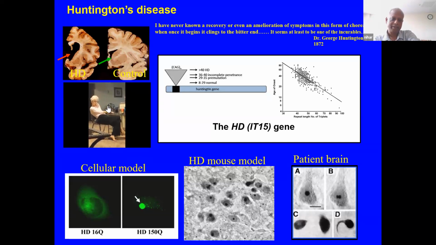This happens because a selective group of neurons in a particular area called the caudate and putamen, if you see my pen, is where the damage happens. If you look, this is the control brain, and you see the caudate and putamen area is perfectly okay, intact. But in the case of the Huntington's disease brain, you see there's a hole.